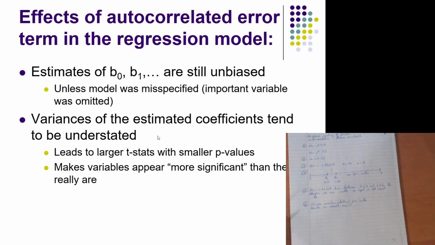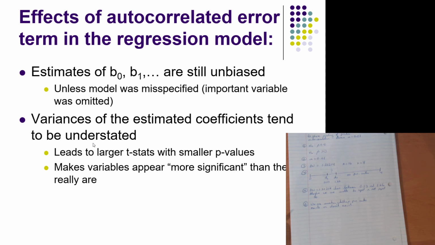Now, a couple of little more stat-speaky things. Even if there's autocorrelation, the estimates for our coefficients are still unbiased. It becomes a little bit trickier if the model is misspecified, so a missing variable. The variances, however, of the estimated coefficients tend to be understated, so sort of the opposite of the problem we had with multicollinearity.